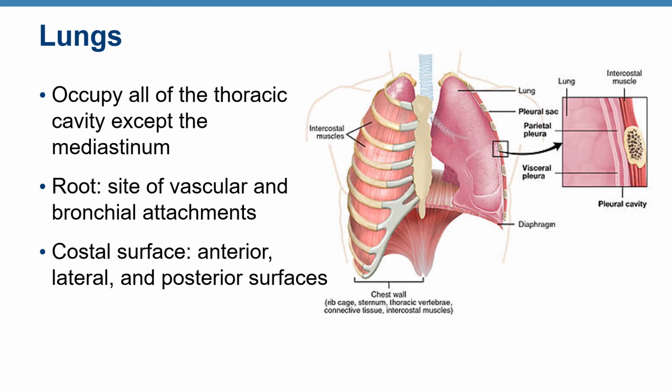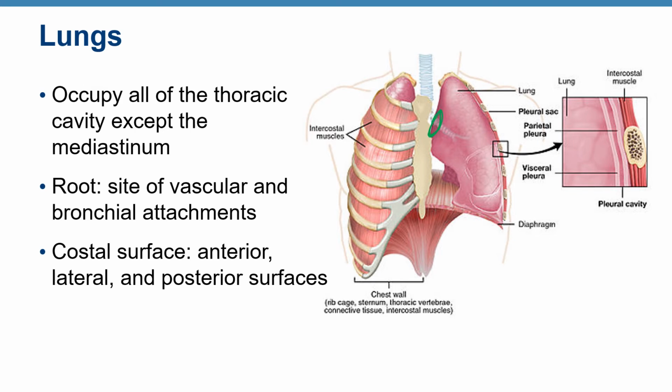Lungs. Lungs occupy all the thoracic cavity except the mediastinum, and we have the root, and the root will be over here, where we have attachment of the primary bronchi, blood vessels, nerves, right? So structures that are entering the lungs.